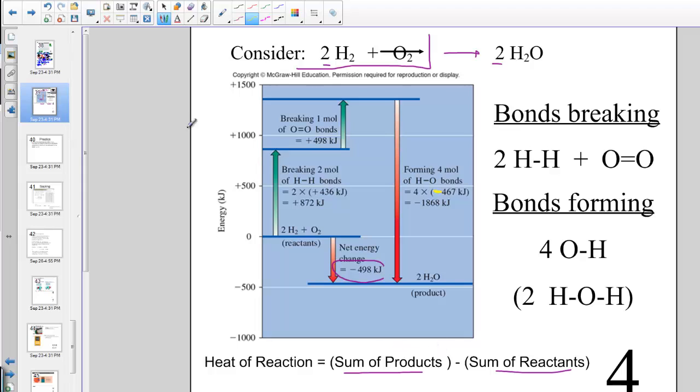Therefore, when I took the values, the sum of the products would have been negative 1868, minus the sum here, which would have been 872 plus 498, and you can see where it ends up being a net negative 498.